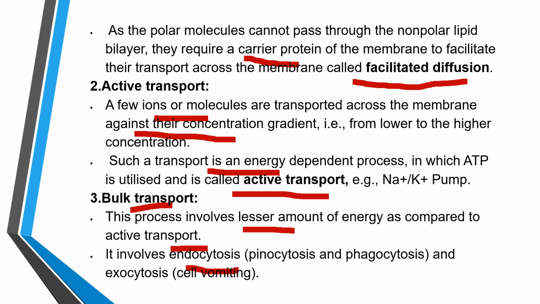Besides, proteins also have some carbohydrates, especially oligosaccharides, and some glycolipids and glycoproteins. In the NCERT diagram, we can also see that besides all these molecules, some cholesterol particles are also shown, associated with the cell membrane. And lastly, we have discussed methods of transport across the cell membrane: passive transport, active transport, and bulk transport. So students, with this, I am going to close today's topic.